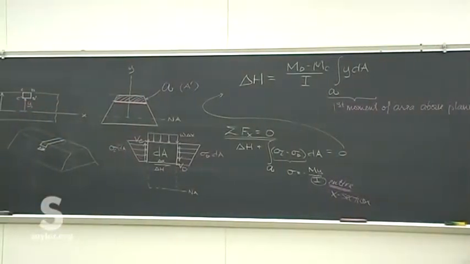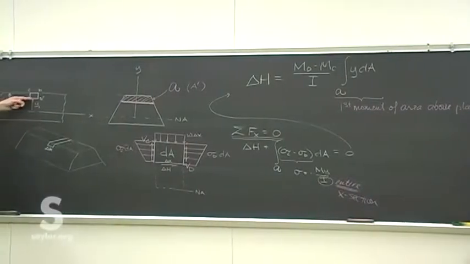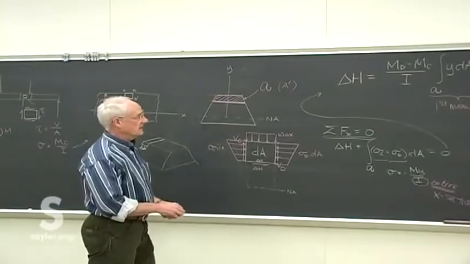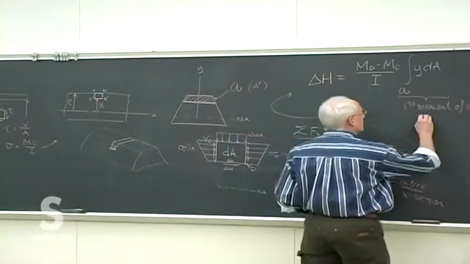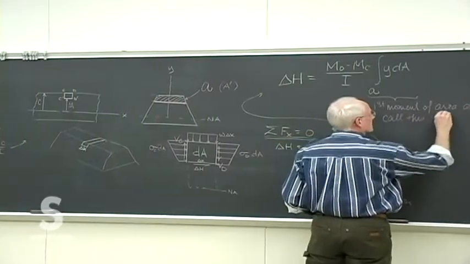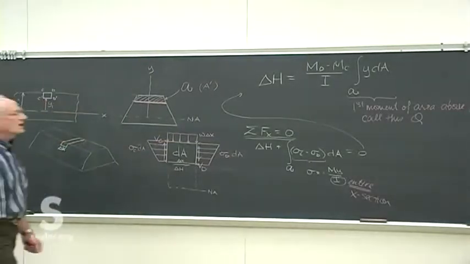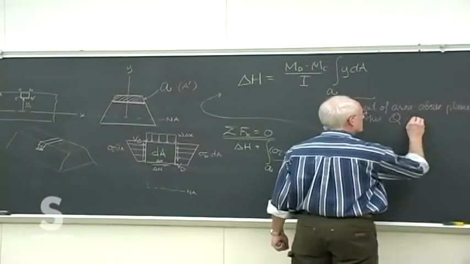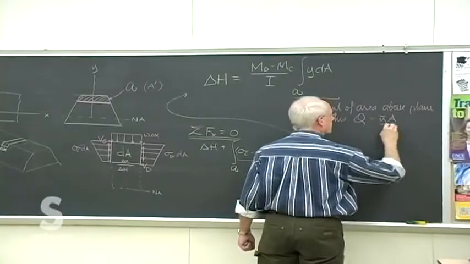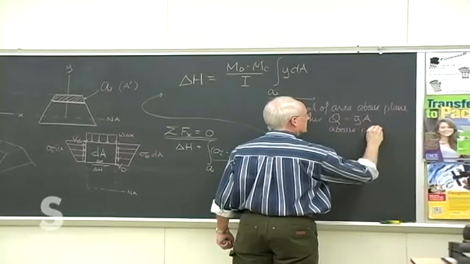And so we can look at that at any place that we need to, depending on how far away we go, whatever that cross-sectional area happens to be. We're going to call this capital Q. And for our nice regular solids, it's nothing more than Y bar A above the plane.